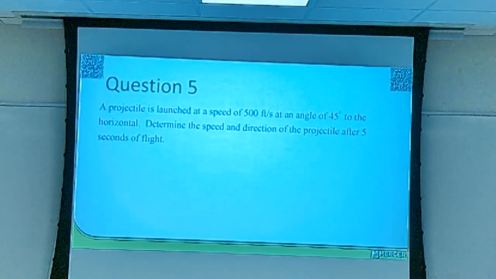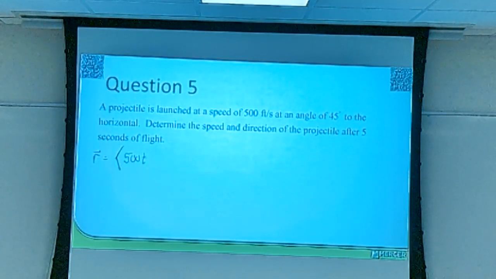Projectile launched at a speed of 500 feet per second at an angle of 45 degrees to the horizontal. Determine speed and direction of the projectile after 5 seconds of flight. V naught is 500 feet per second.